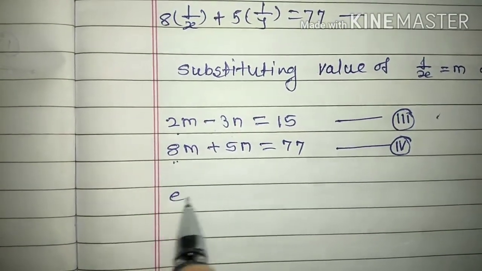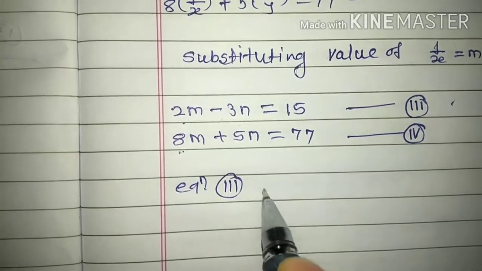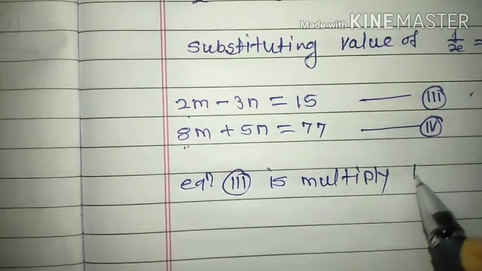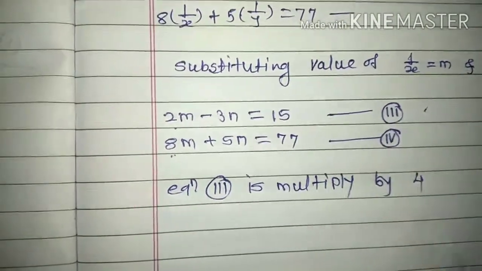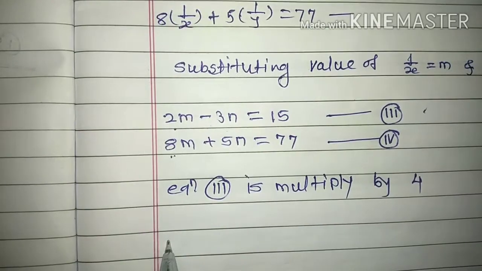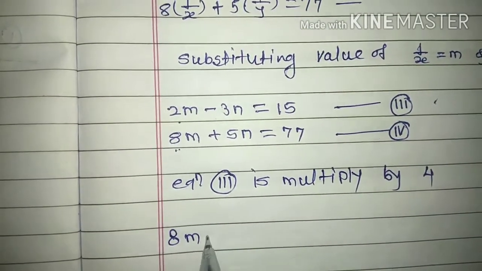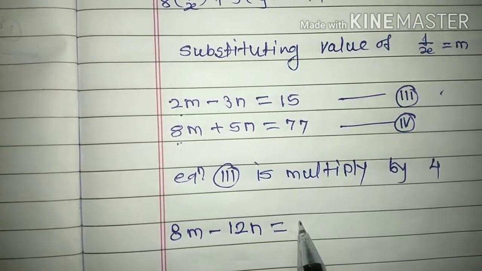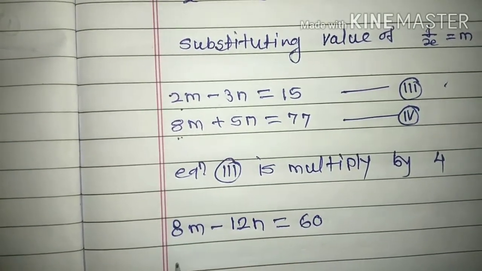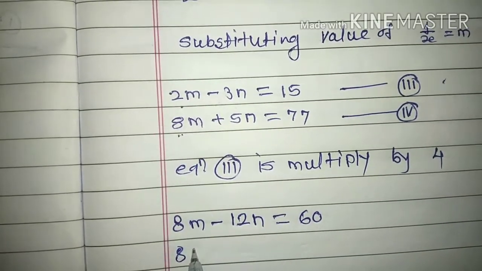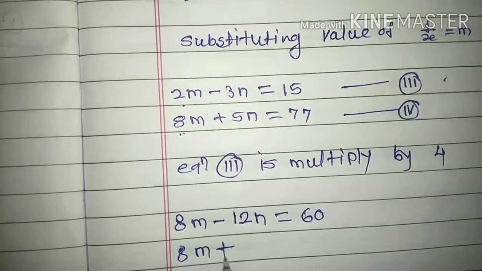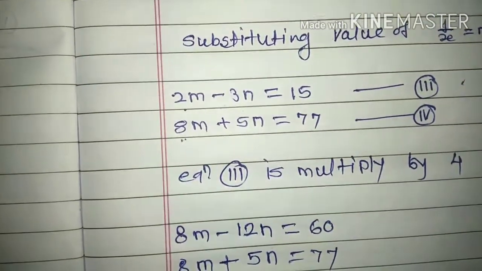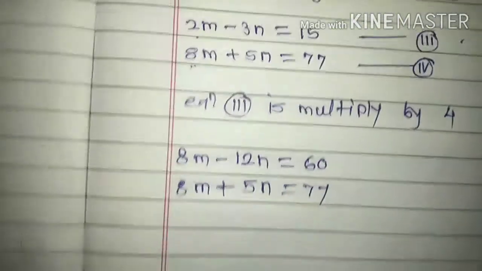Now equation 3 is multiplied by 4, therefore 8m minus 12n is equal to 60, and this fourth equation is 8m plus 5n is equal to 77.